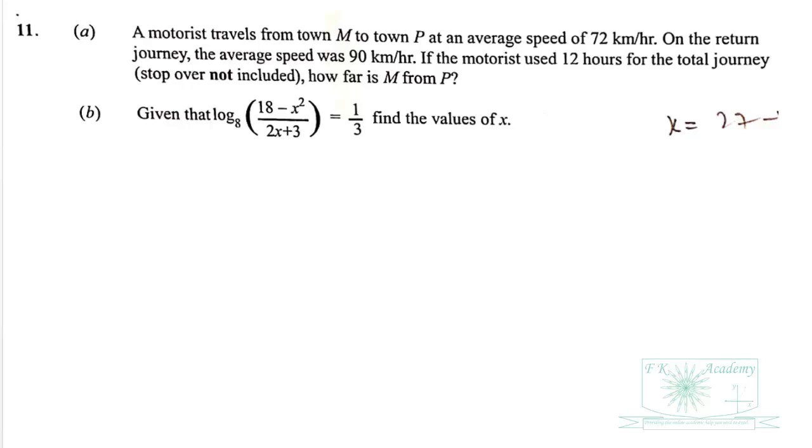Alright, so let's proceed to question number 11. A motorist travels from town M to town P at an average speed of 72 kilometers per hour. On the return journey, the average speed was 90 kilometers per hour. If the motorist used 12 hours for the total journey, stopover not included, how far is M from P? So let's take it one after the other.